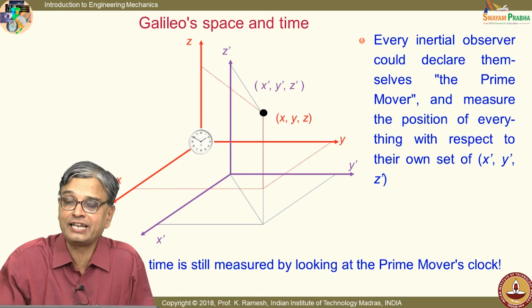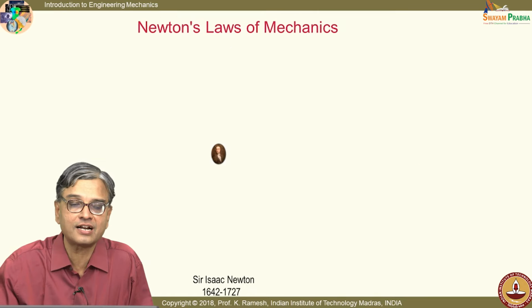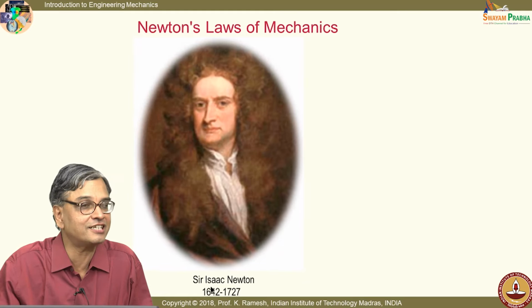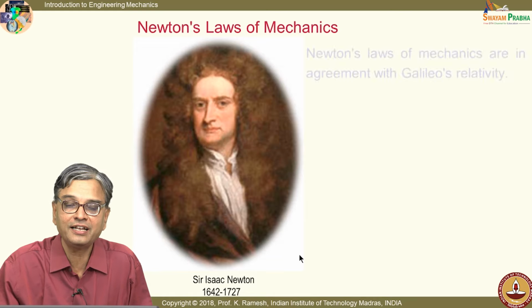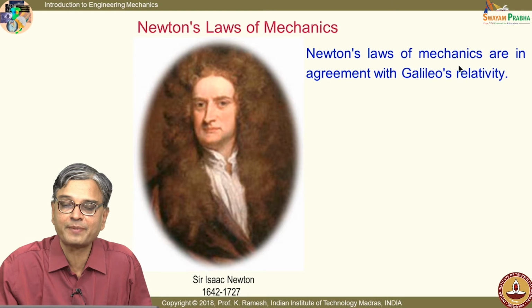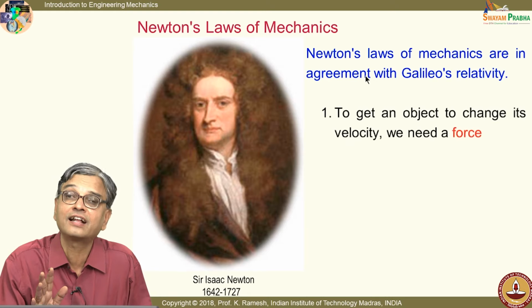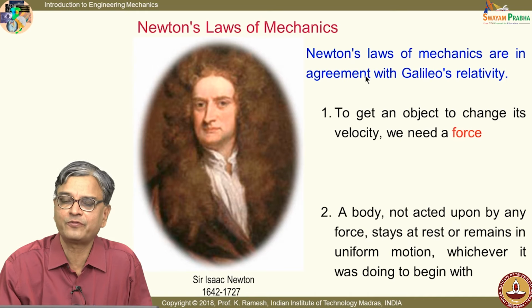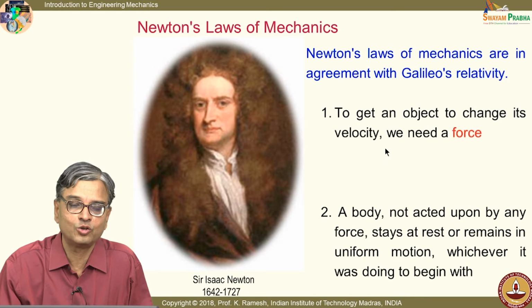So, where Galileo left, Newton started. Galileo's life ends in 1642. In 1642, Isaac Newton is born, and he says Newton's laws of mechanics are in agreement with Galileo's relativity. You all know reasonably well what Newton's laws are.